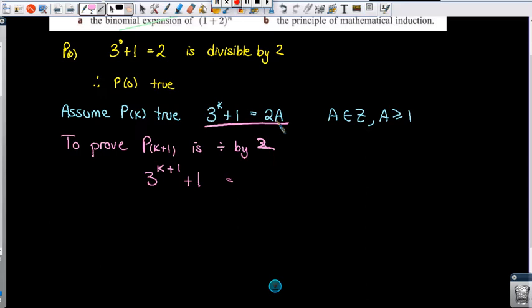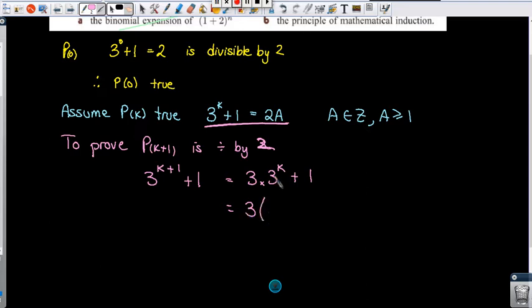The problem is, I don't have just 3 to the k. I've got 3 to the k plus 1. How do I get just a 3 to the k? Split it. So this becomes 3 times 3 to the k plus 1. And then I'm going to substitute. You might not have thought to have done that, but that's what the example had suggested, and now it's just the same thing over and over again.